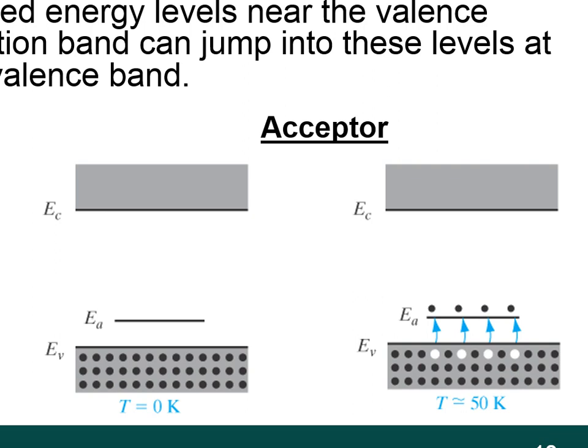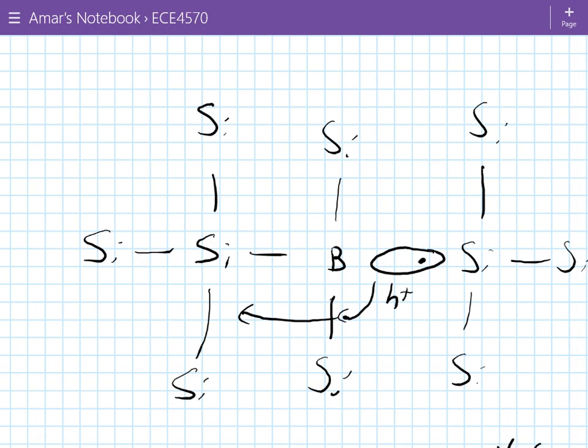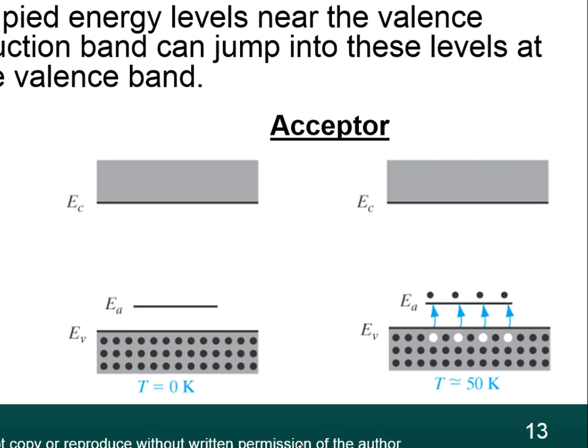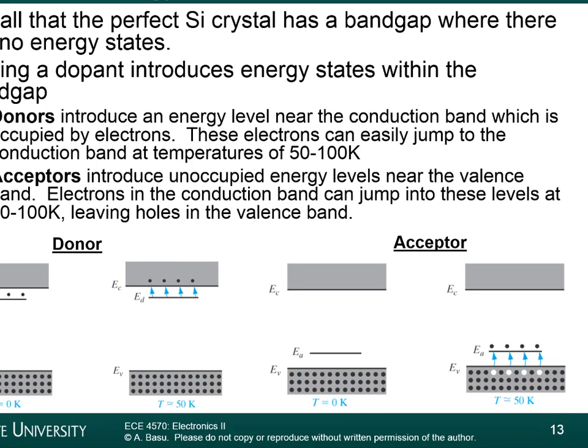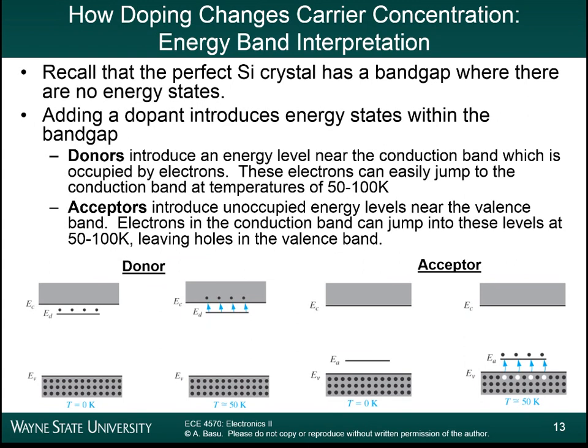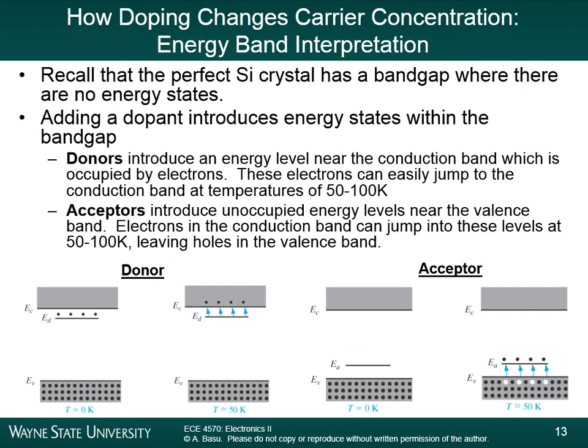All right, and physically what that means is that you're creating this empty state. Okay, that's the hole, and these holes are free to move about the lattice. There are some subtle differences that we're not quite going into here that have to do with the values of what the energy states are. But for the purposes of this class, this is a good model for understanding doping.